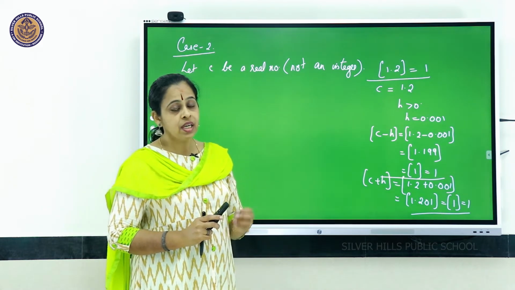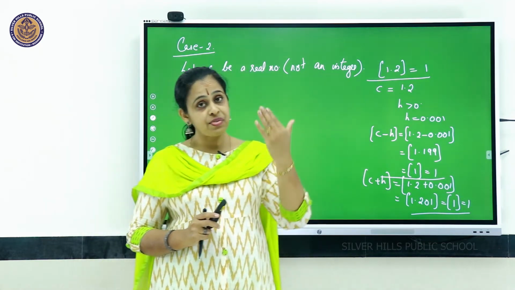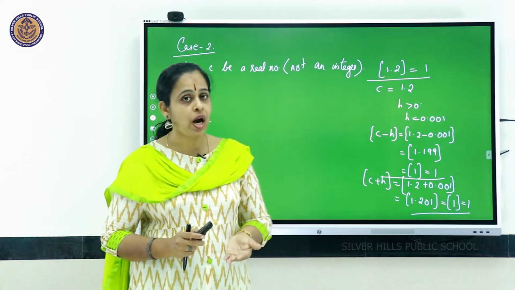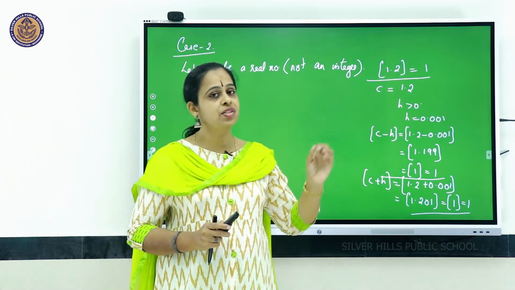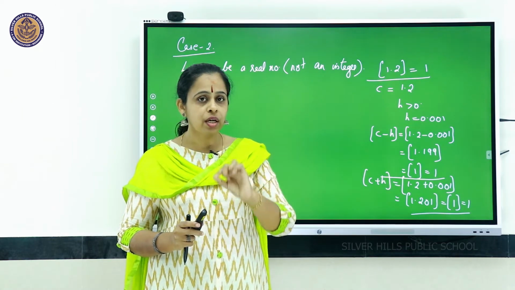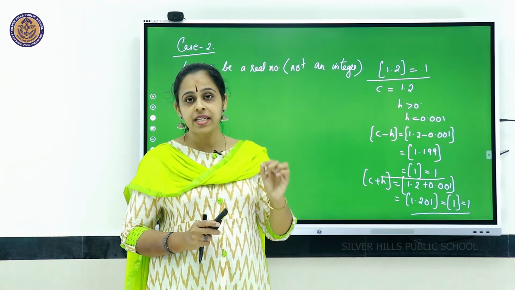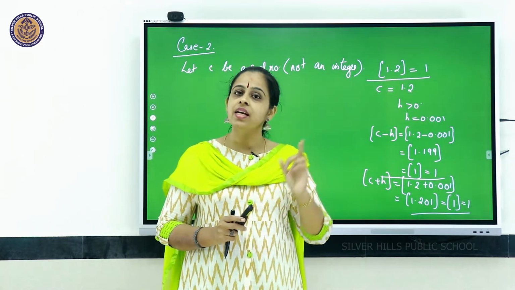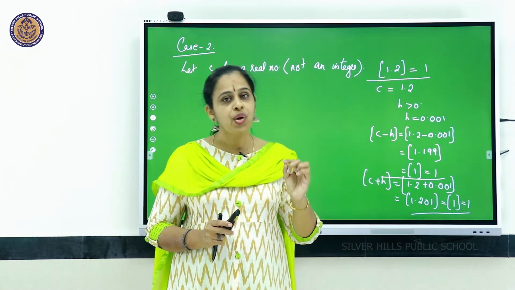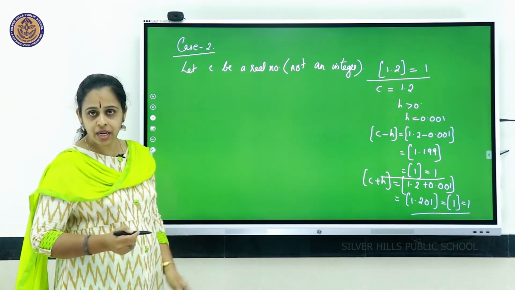That means if we are taking a non-integral value, and approach it from either the left side or the right side, the limit is not having any change. So, in conclusion, the box function, the greatest integer function, is continuous at non-integral points. So, c is a real number.